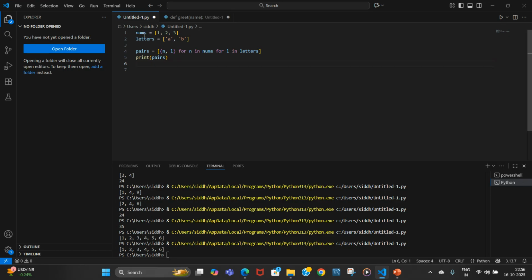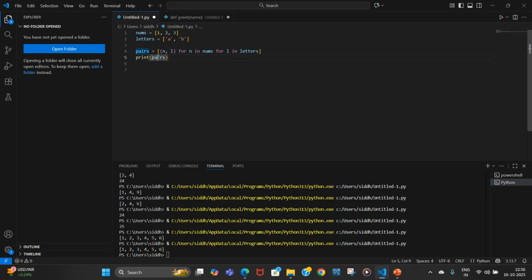So here we have a variable nums which is assigned a list, and here we have another list which is assigned to another variable, letters. So we're defining a new variable here, pairs, and we are saying n comma l for n in nums and for l in letters.